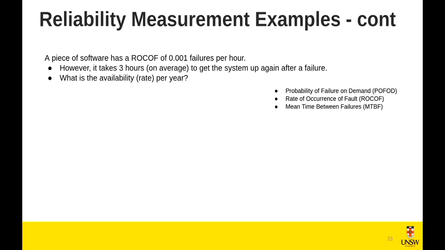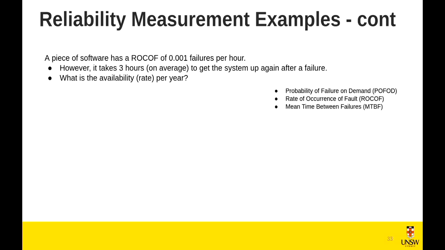And let's say a piece of software has a rate of occurrence of fault of 0.001 failures per hour. And it takes 3 hours to get the system up again after a failure. So what is the availability per year?